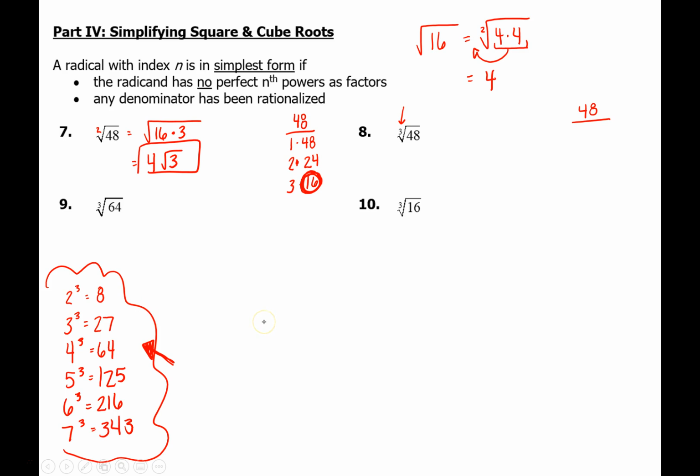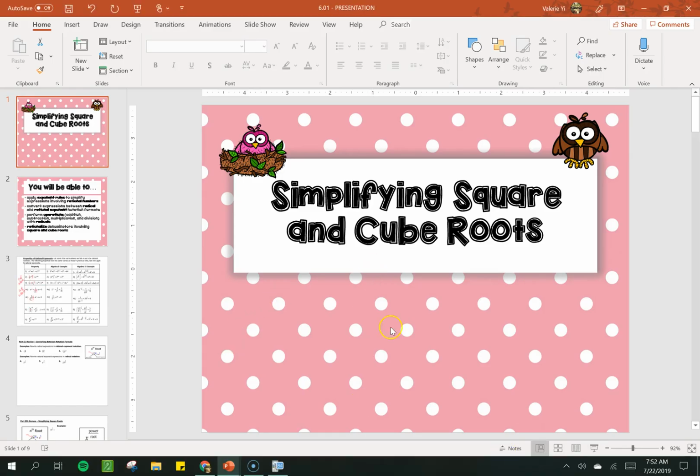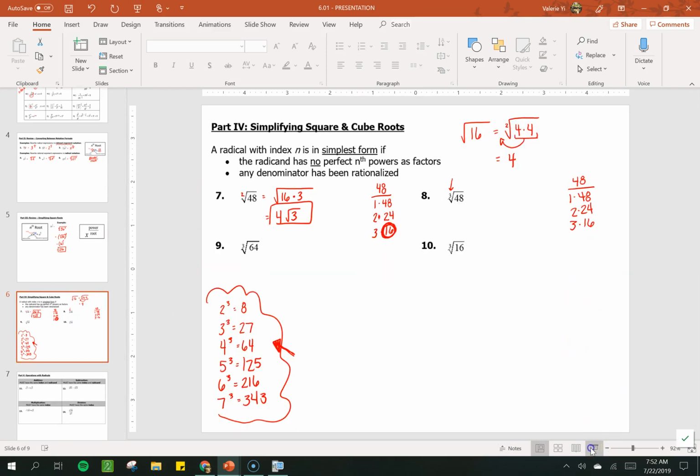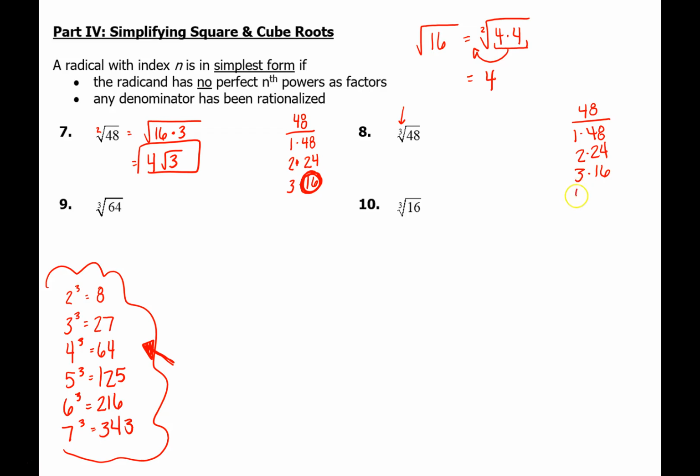Okay, so we know the beginning, 1 times 48, 2 times 24, 3 times 16, but that's not super helpful yet. So let's keep going. We have 4 times 12.